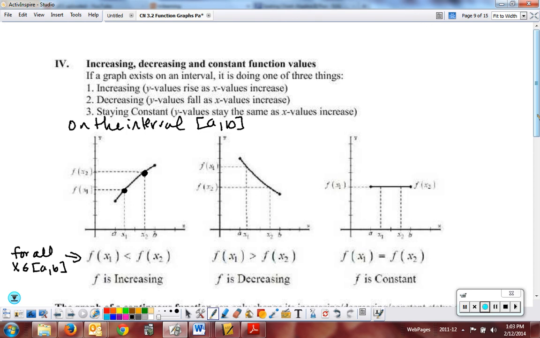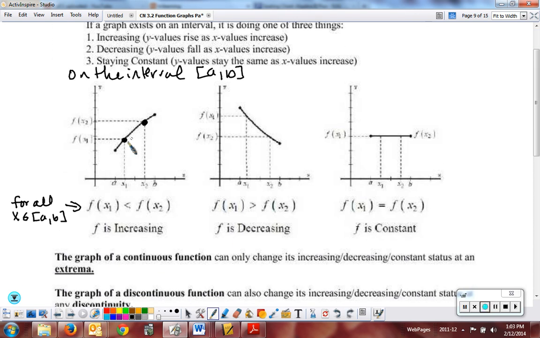All right. The other thing that we want to talk about, relating it to something we've already been discussing: what if I were to look at the average rate of change, also known as the slope of the secant line between those 2 points? It would be positive. So if I were to pick any 2 points in the interval and draw a secant line and calculate its slope, I would get a positive slope. Therefore, it's increasing.